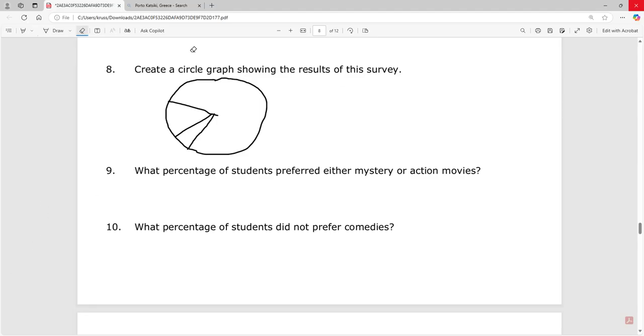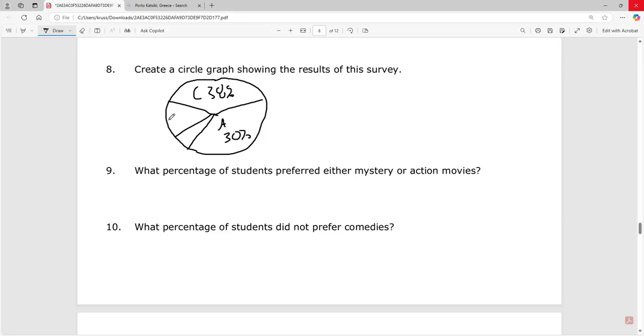We'll make 30% a little bit bigger, maybe like that. Okay, so this is action at 30%. This is comedy at 38%.